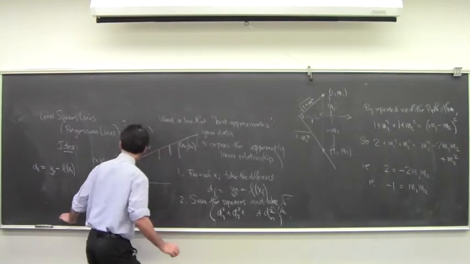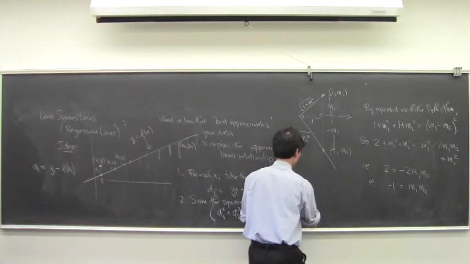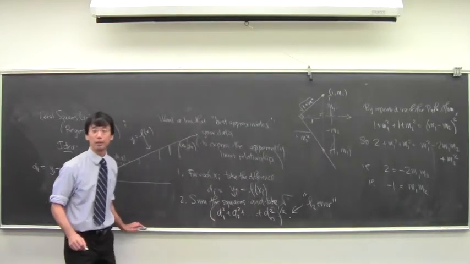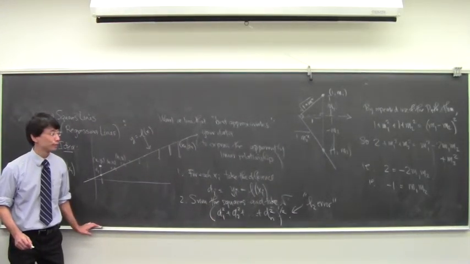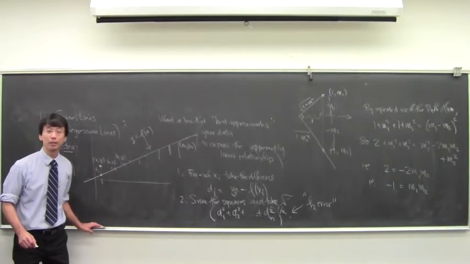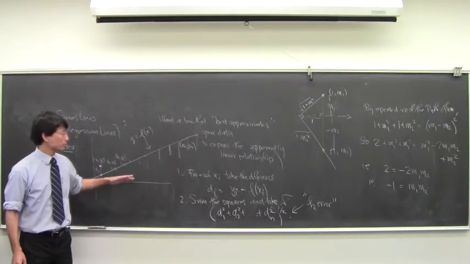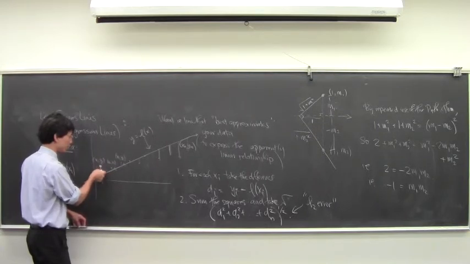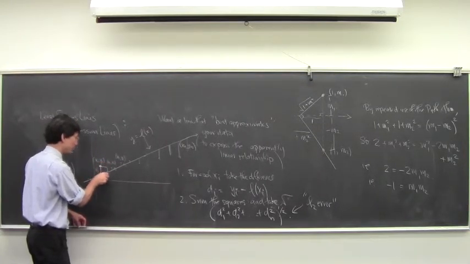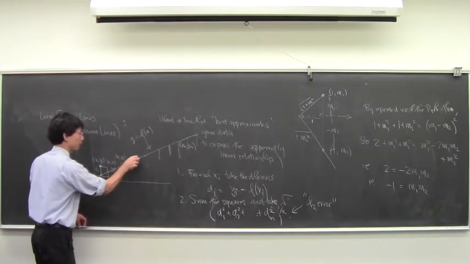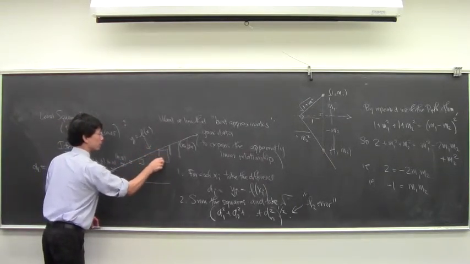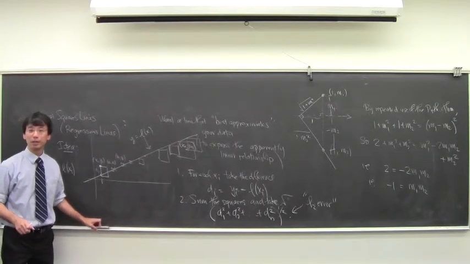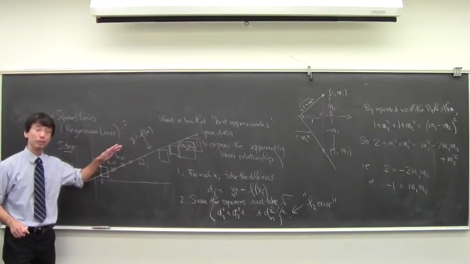That thing is called the L2 error. As a picture, you draw your line, measure these differences, make squares, add up all the areas of these squares, and then take the square root. That number is called the L2 error.